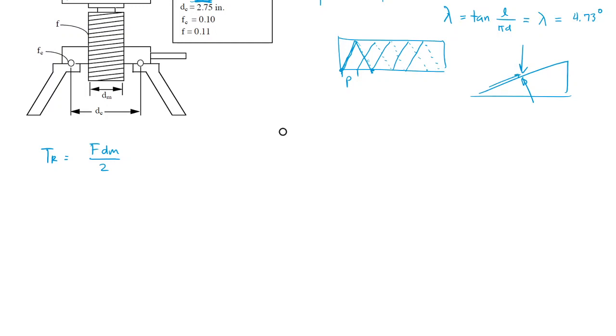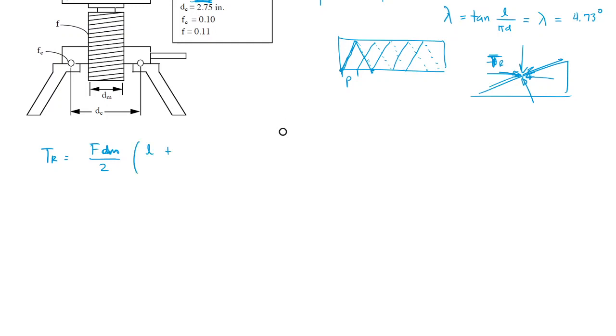We did this already, and if we do the sum of forces in all directions, and then whatever the torque, simply like this and like this. Sorry. The torque, or the force FR, then if you multiply by the radius dm over 2, will give you the torque. Sum of forces in the x and y direction gives you this equation, right? Again, that's explained, I think that was in a video. Yeah, that's definitely in a video where I explained the stresses also on the threads of the screw.